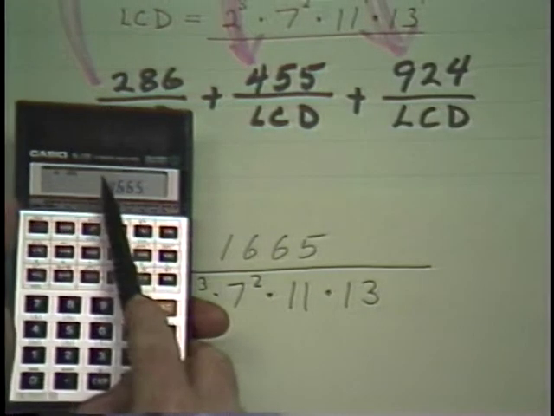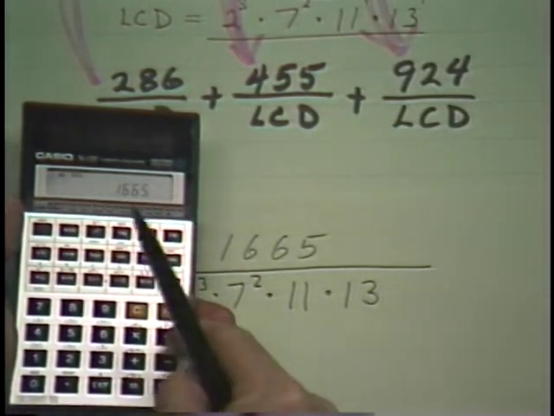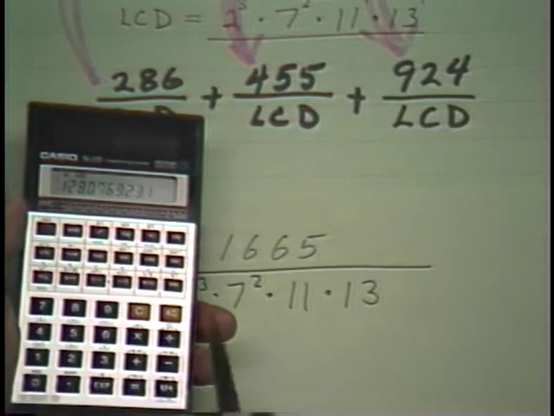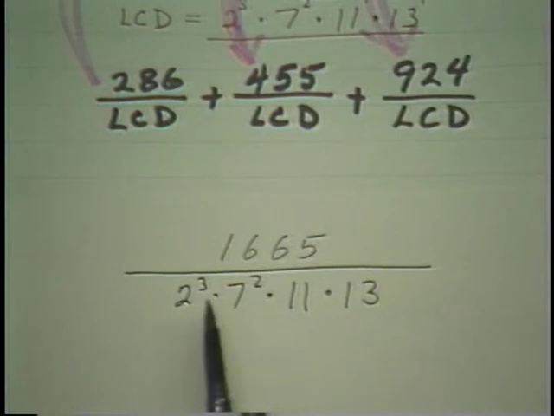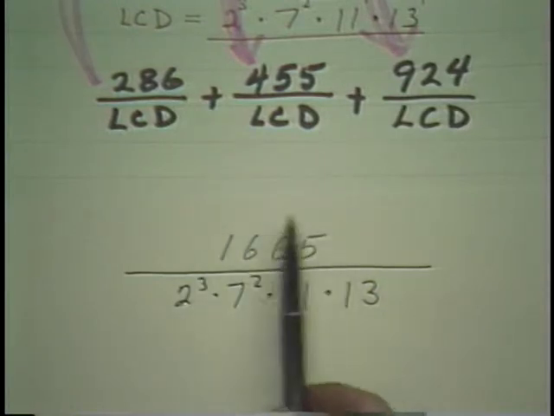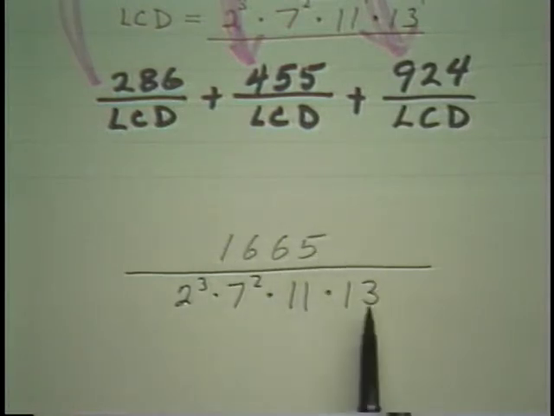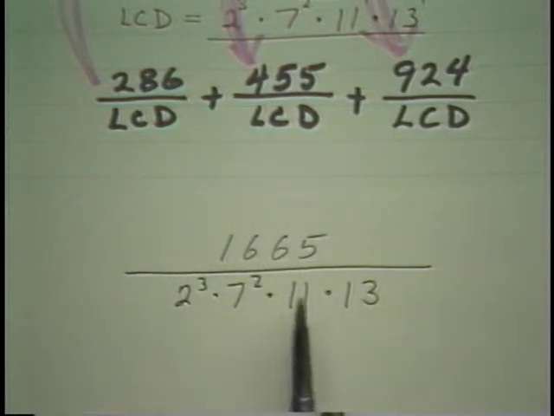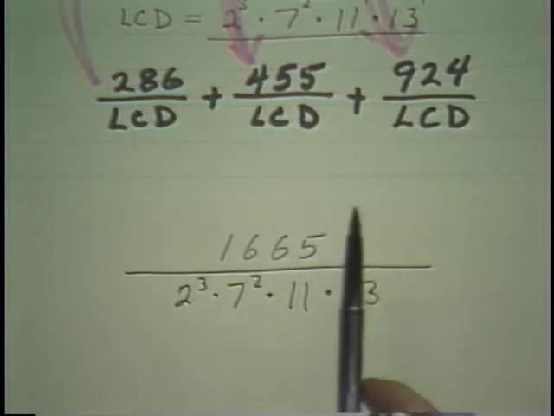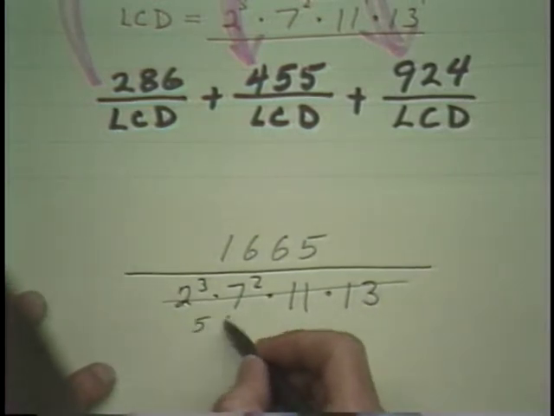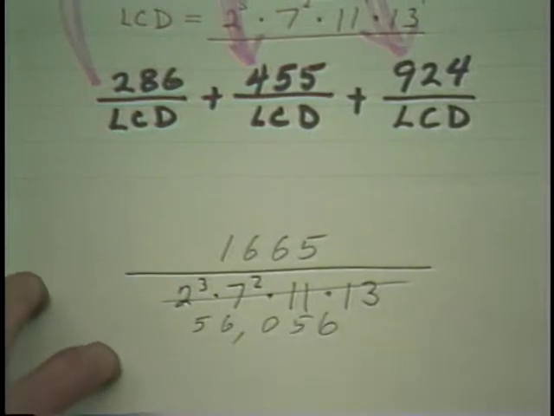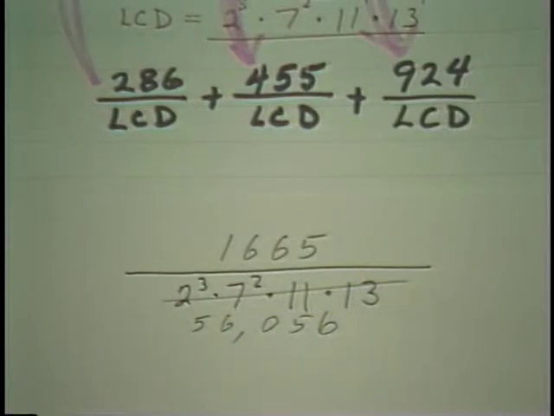So I take the same numerator and try to divide it by 13. I get a decimal, so I know that it is not reducible by any of these prime factors. A lot of other things will go into this, notably 5, but it must be a common divisor, and these are the only ones that divide the bottom. So we know that this fraction, and now if we want, we can multiply, 6056 is indeed reduced.